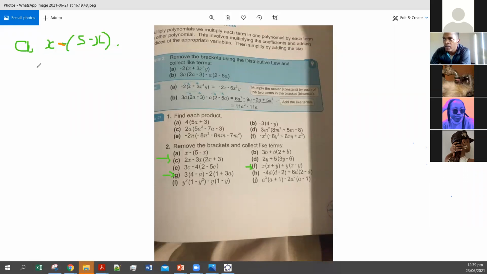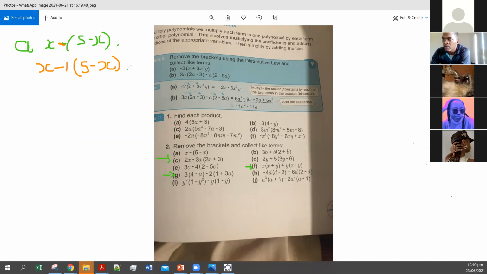So actually the whole thing is X minus 1 bracket 5 minus X. That -1 is invisible, right?